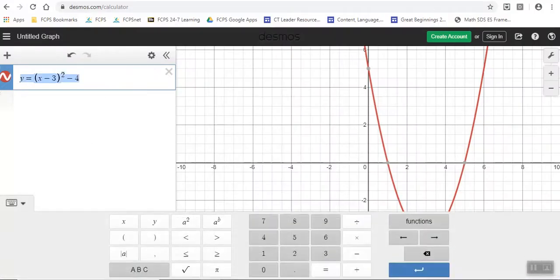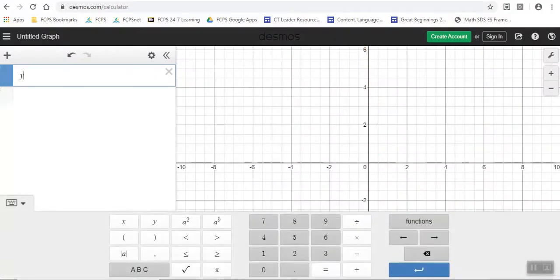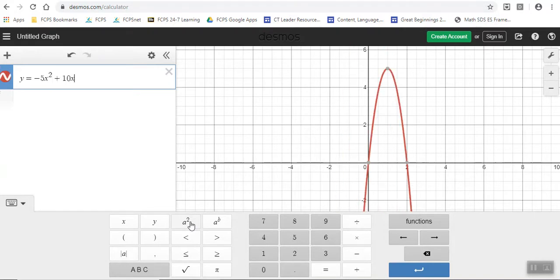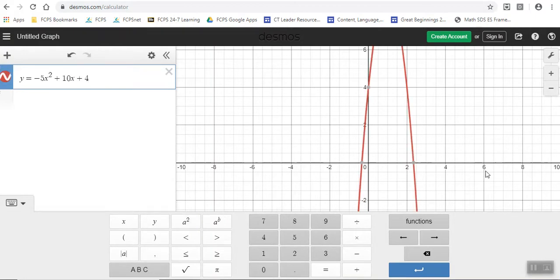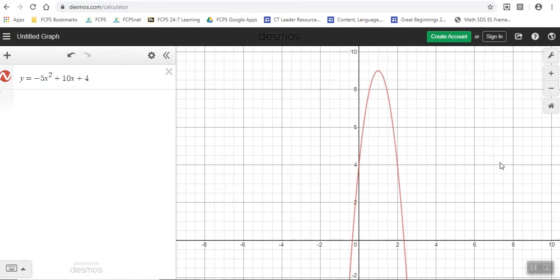So I'm going to get rid of this one, and I'll put in y equals -5x squared plus 10x plus 4. And then you can pull the graph down so you can see it better.